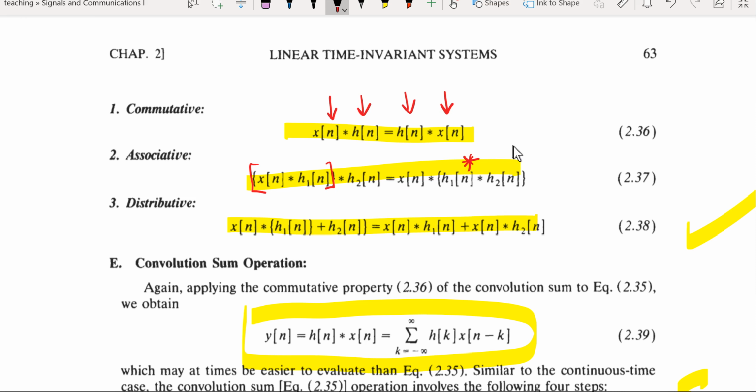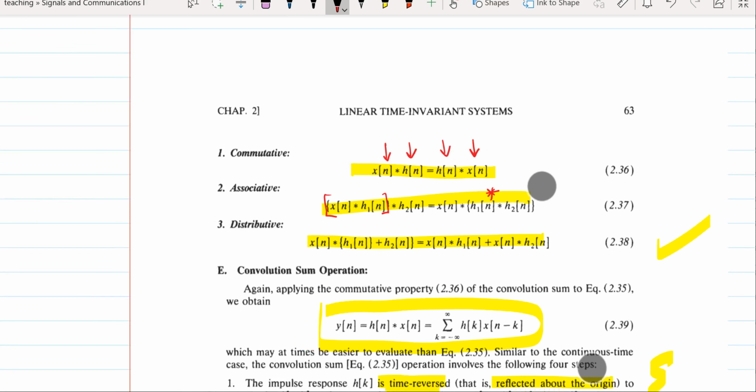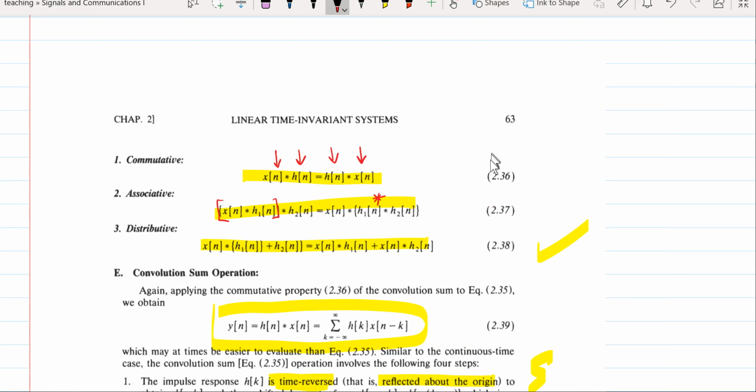If you draw this, it would take this shape. You have x of n into h1 of n, which is LTI system 1, then you take it through another LTI system, h2 of n. The output will be the same y of n.